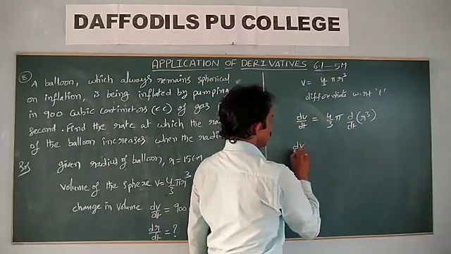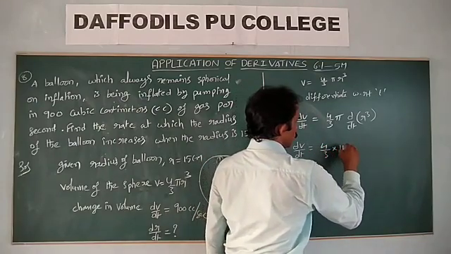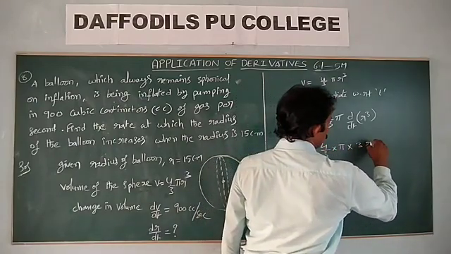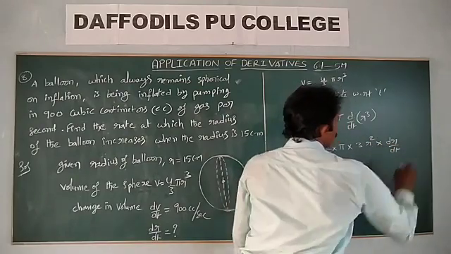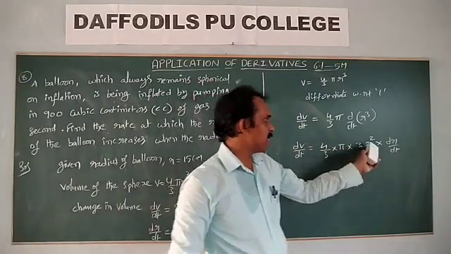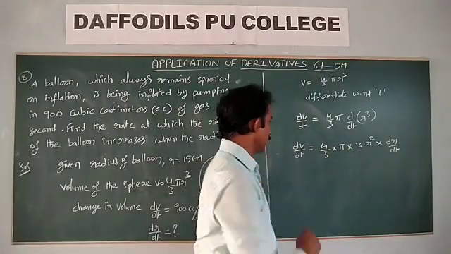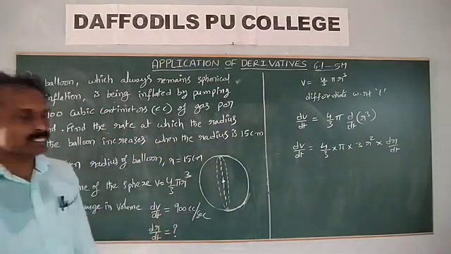So dV by dt is equal to 4 by 3 into pi into 3r square, and by chain rule, into dr by dt. dV by dt is already given: 900 cc per second.